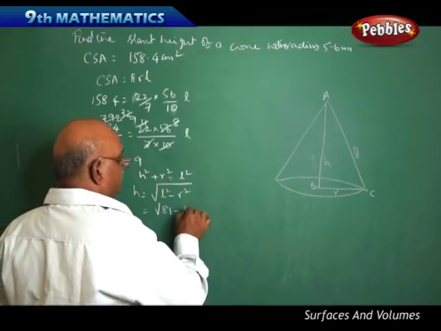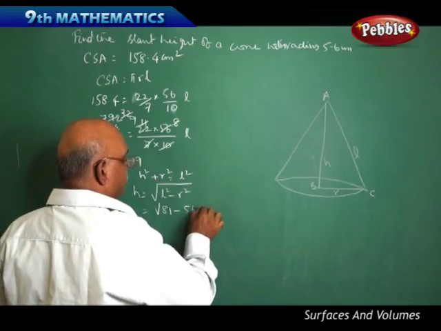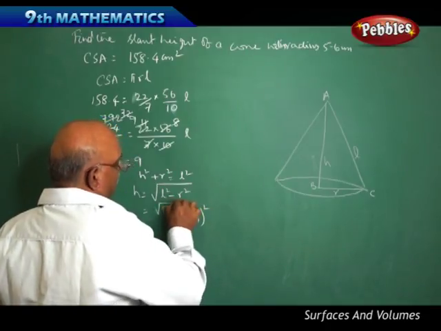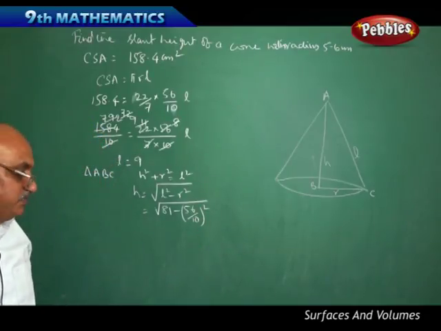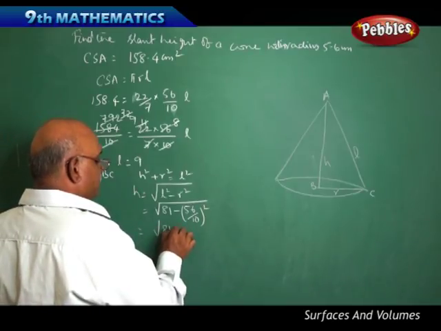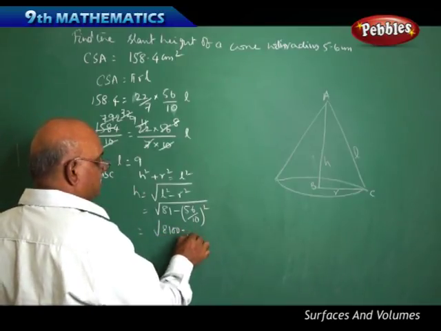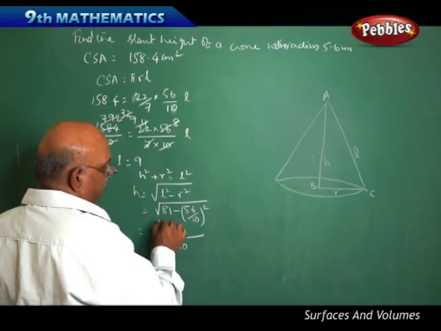Therefore, you can write this as 56 by 10 whole square. If we simplify further, we are going to get the h value. This you can write as 8100 minus 3136, divided by 100.